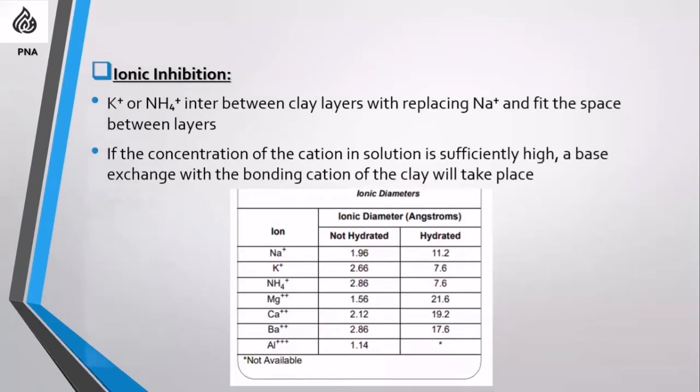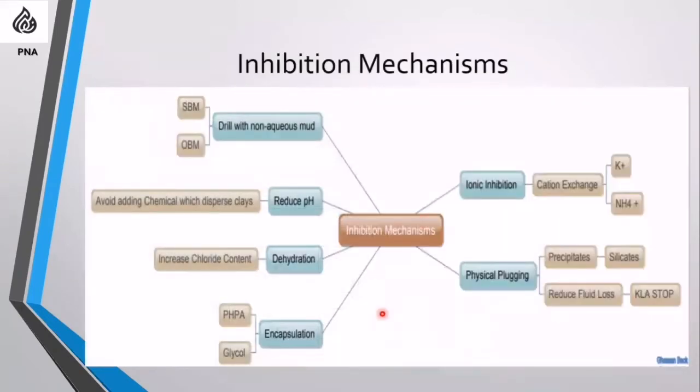We can use most of the inhibition mechanisms together. So we can have, for example, KCl to provide ionic inhibition and use it with silicate to provide physical plugging, or use KCl with BHBA or KCl with glycol, or use polyamine and BHBA and glycol together.